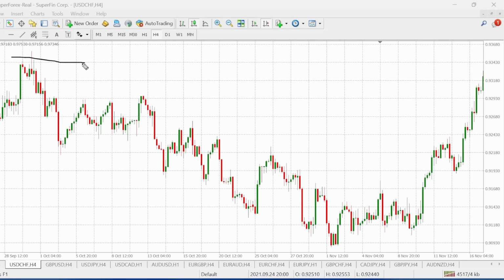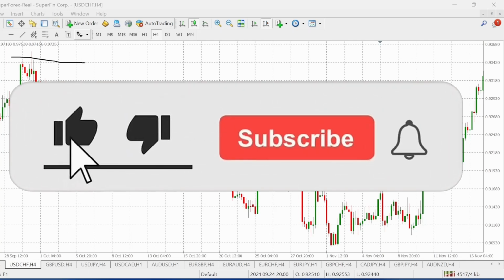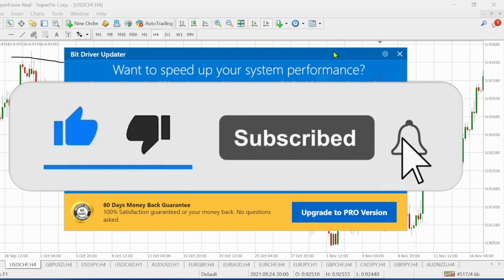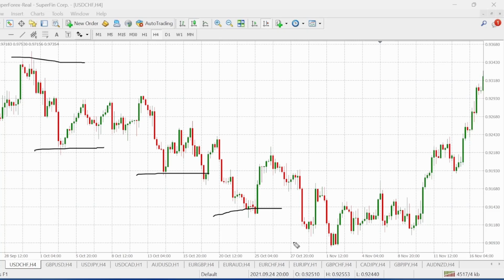This is high. This is highest low. Have another highest low here. Highest low and highest low.